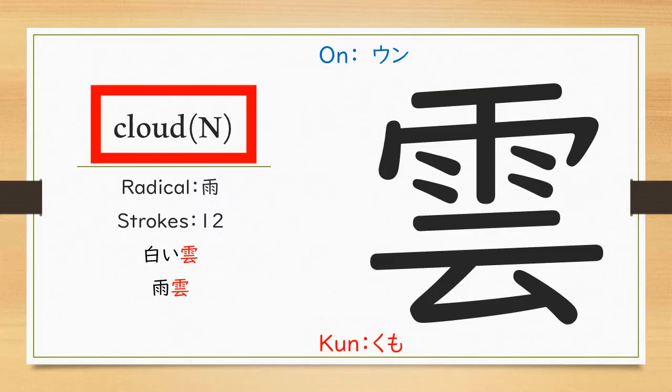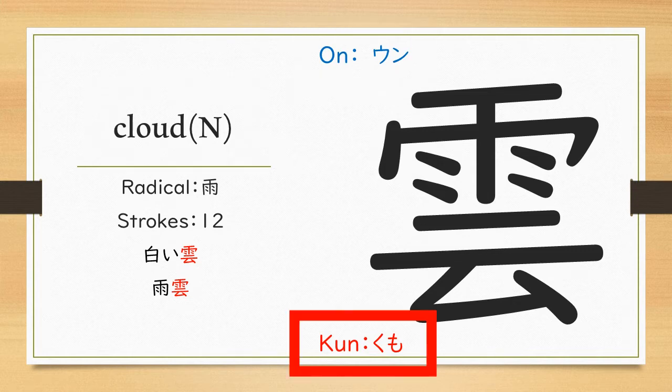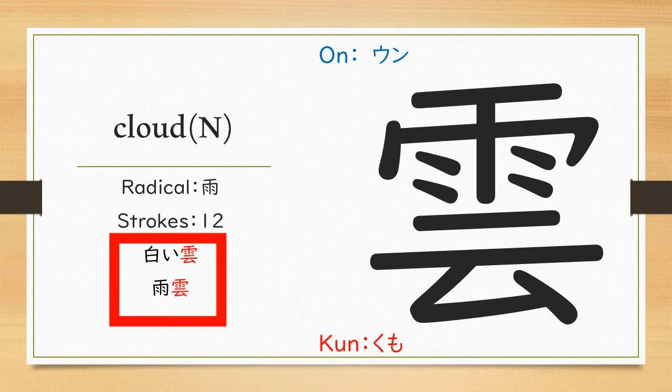The meaning is cloud. Onyomi is un. Kunyomi is kumo. The radical is ame. These are the words with the kanji.